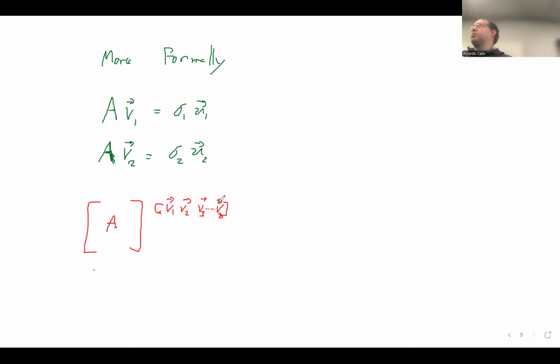So you multiply times all of them, and that produces then, for the U, U1, U2, dot, dot, dot, Un. But these have to be multiplied by the what? These things are called the singular values, the stretching factors.